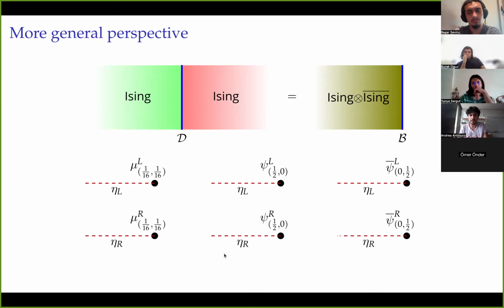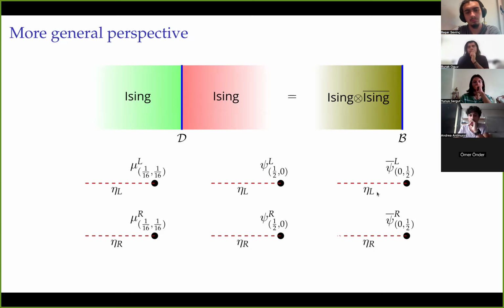Each of these lines has its own twisted sectors. So I will have Majorana fermions left and right from the left copy, and Majorana fermions left and right from the right copy. I know it's a bit confusing terminology, but left and right does not refer to whether the Majorana fermion is left moving or right moving. It refers to whether it comes from the left copy or the right copy of the Ising CFT.